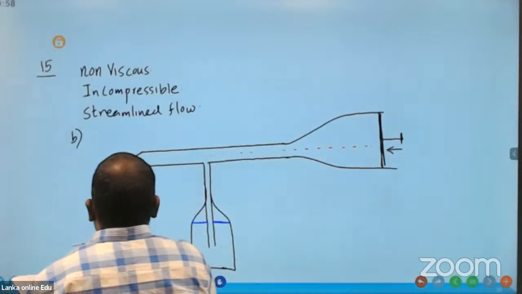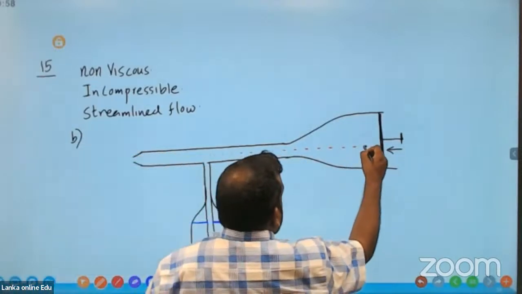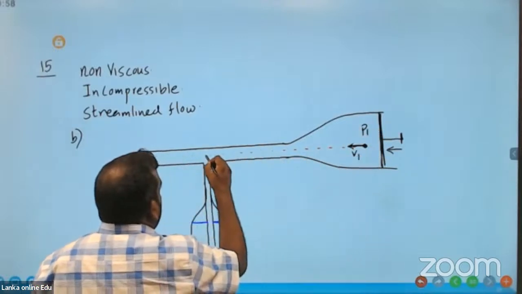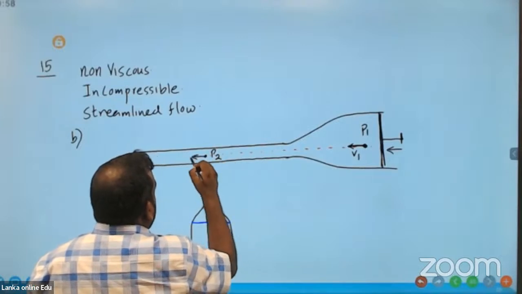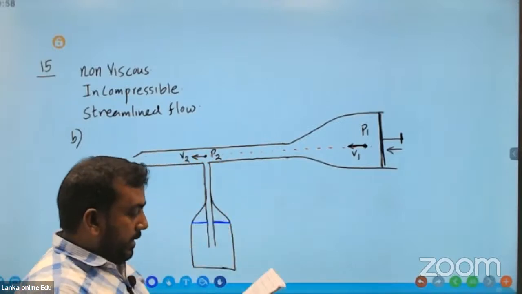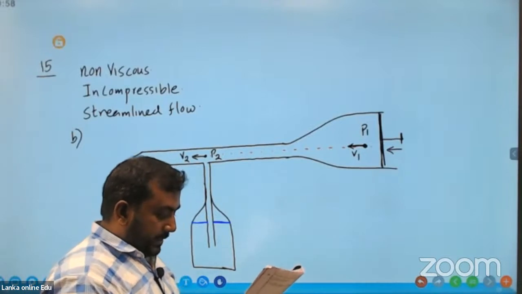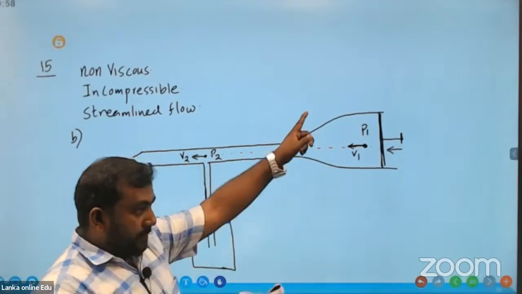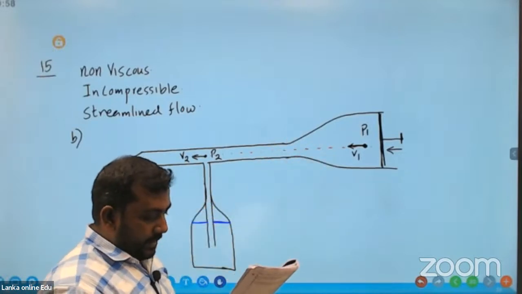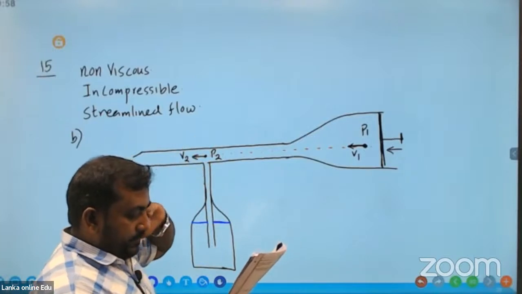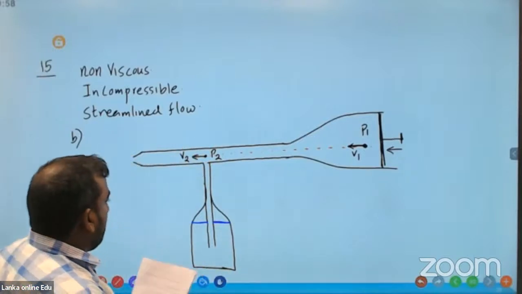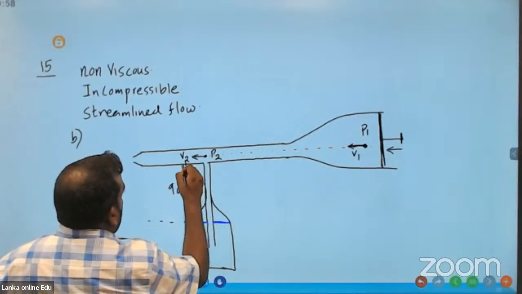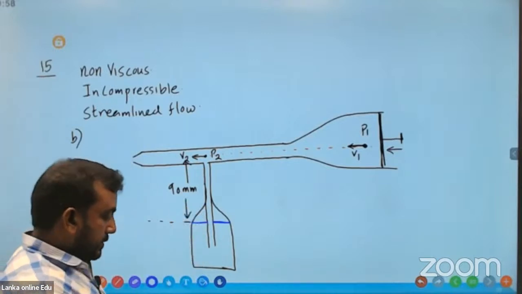So here you go. Pressure is P1, velocity is V1. Here pressure P2, velocity is V2. Read very carefully. An insecticide sprayer shown in the figure has a pump of diameter 60 mm. This pump is 60 mm, and this tube here is 2 mm. Insecticide level is 90 mm below.